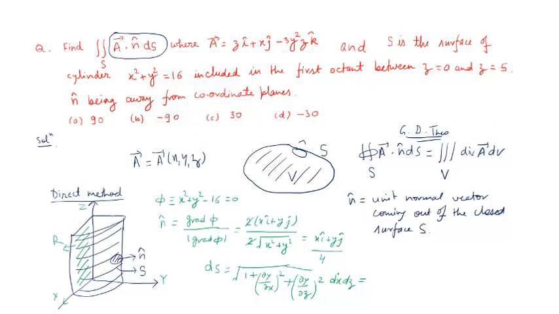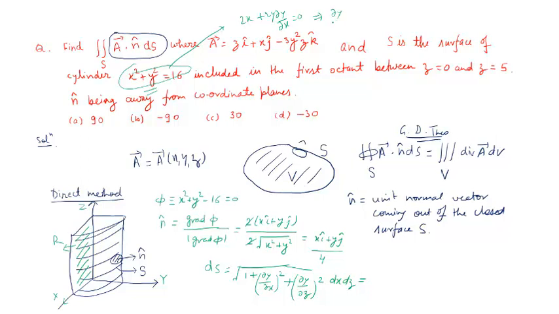So if we determine debur y by debur z, the equation of the surface is x square plus y square is equal to 16. It means that from this equation of the surface, debur y by debur z is 0, and we can find debur y by debur x from here: 2x plus 2y debur y by debur x is equal to 0.